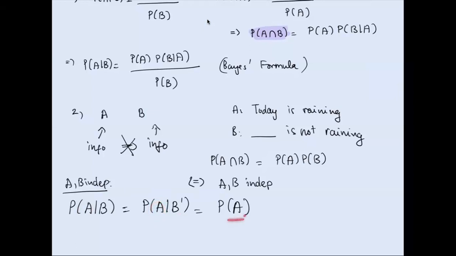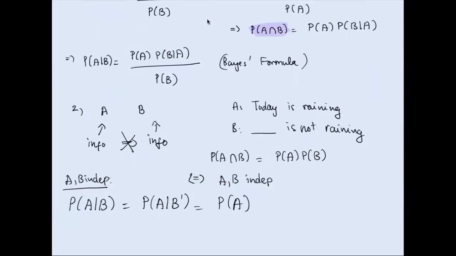And it is the same when we don't know anything about B. Probability of A is just probability that A occurs in general when we don't know anything about B at all. So whether we know B happens or not, it does not affect the chance that A happen. That's what this expression means.